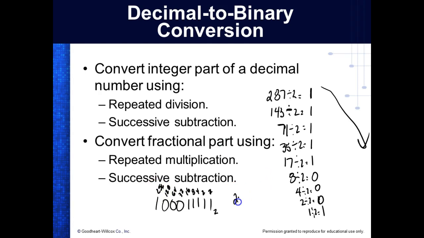I'm going to add 256, 16, 8, 4, 2, and 1. 256. Duh. Add those together. What do we come up with? Hopefully it came up to be 287.